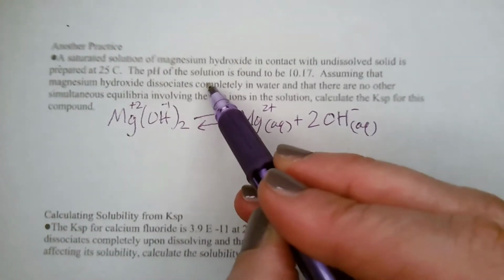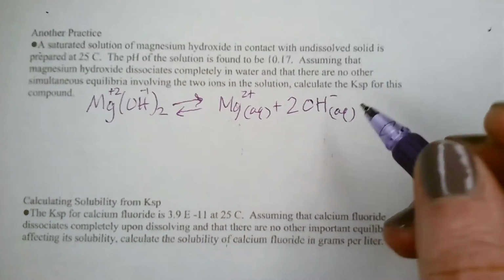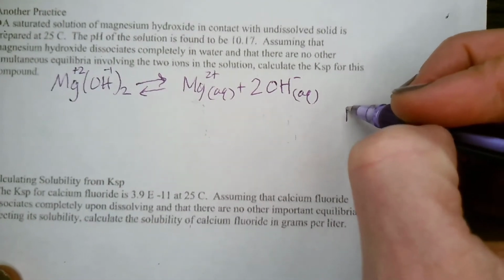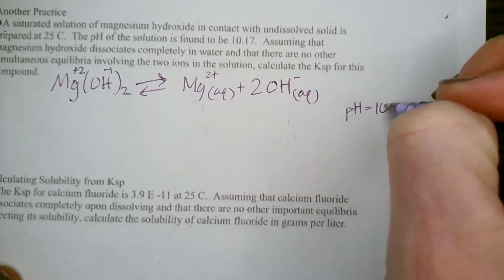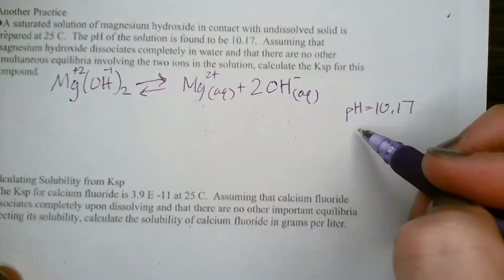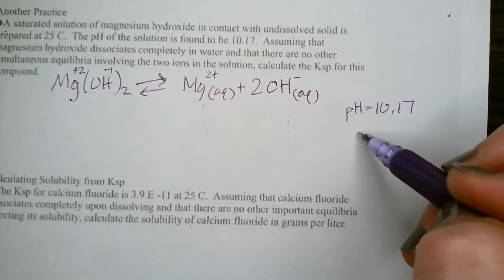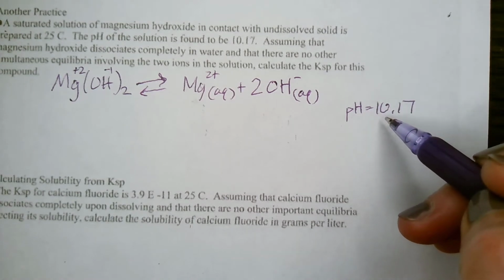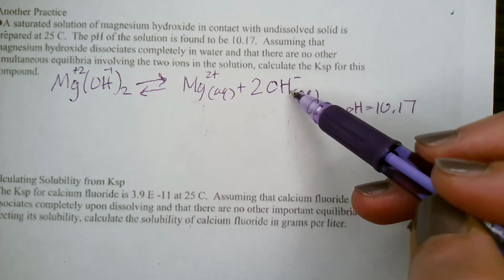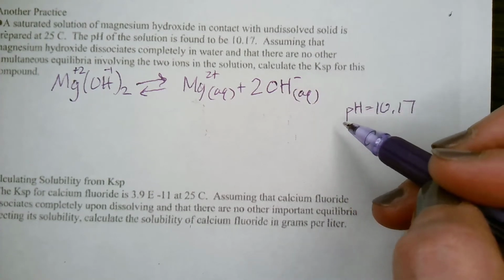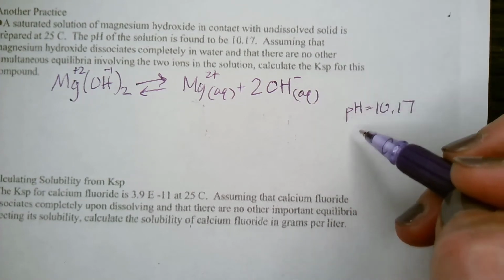The pH of the solution is found to be 10.17. And we know that if we were to do 10 to the negative pH, we would get our H plus. So let's see if we can find pOH.